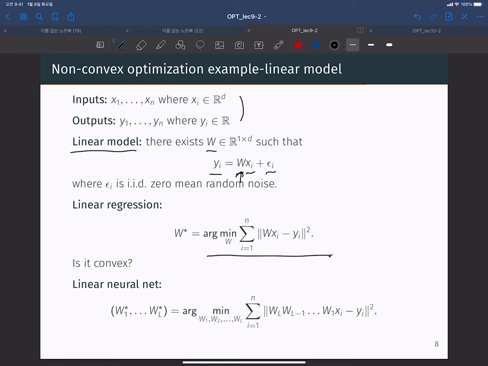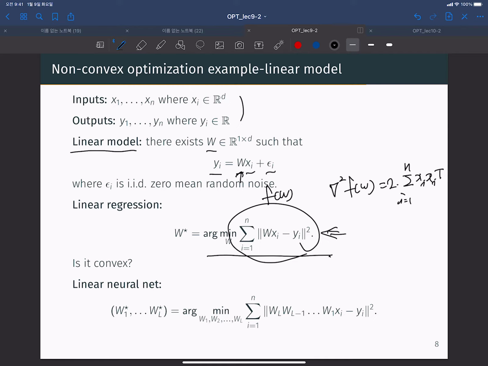Okay. So this very simple linear regression model has this objective function, and fortunately, the objective function is convex. So why is this convex? Let's say this is the function f(w). When you compute the Hessian of f(w), it is equal to 2 times the summation from i equal to 1 to n of xi xi transpose.